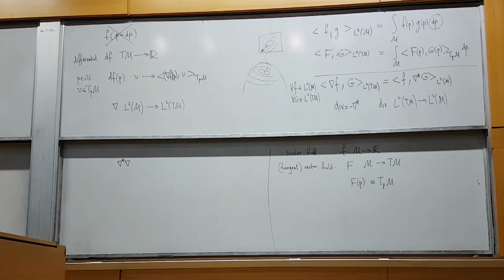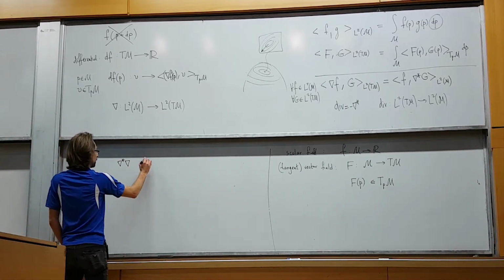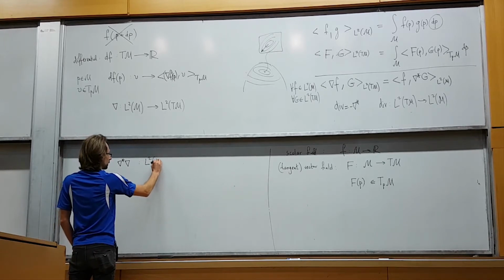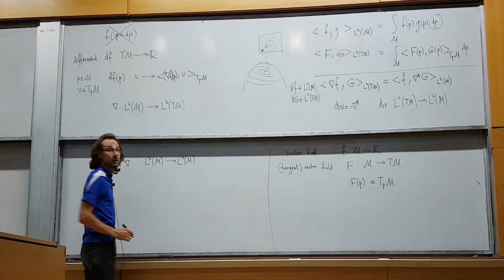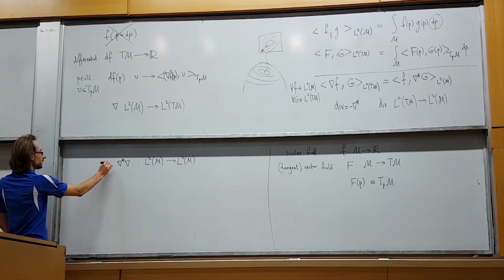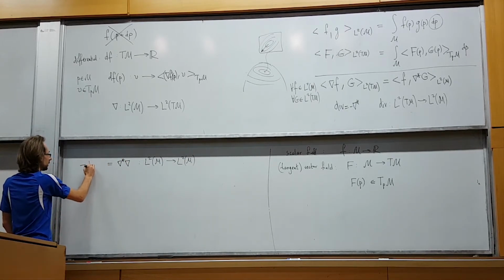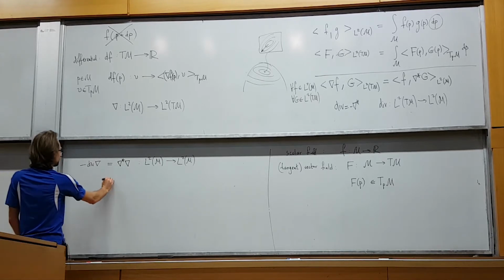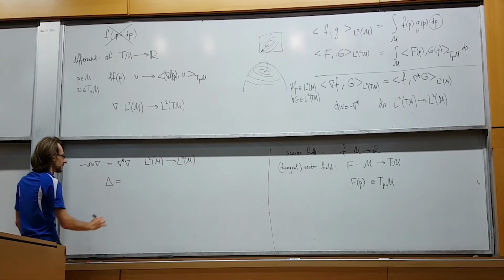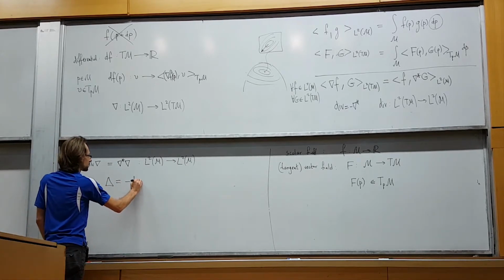Its adjoint maps back to scalar fields. So this will be an operator from the space of scalar fields to the space of scalar fields, and I can write it as the negative divergence of the gradient. This operator mapping scalar fields to scalar fields is called the Laplacian, denoted by delta, minus the divergence of the gradient.